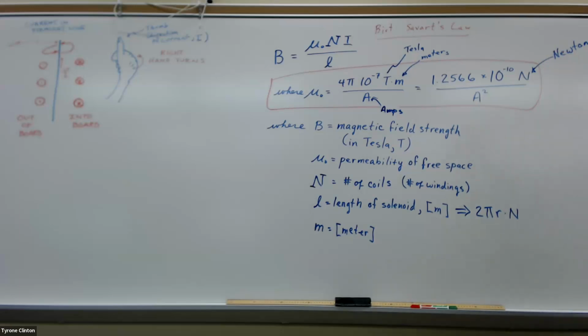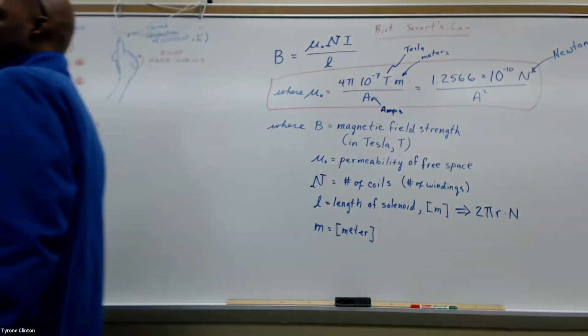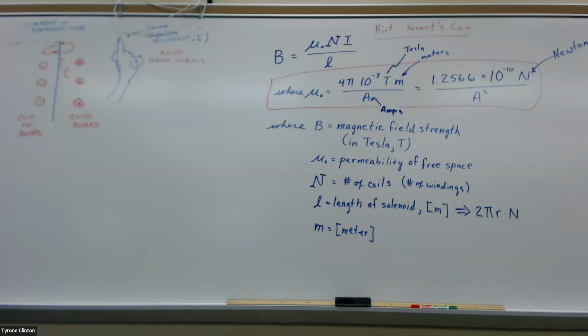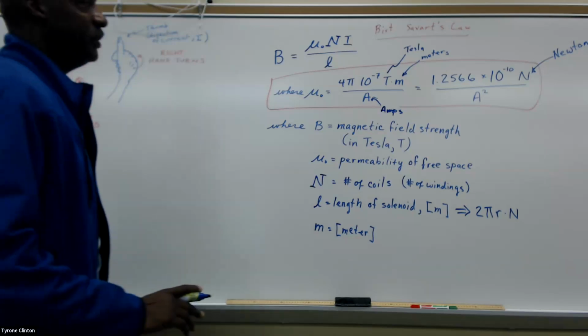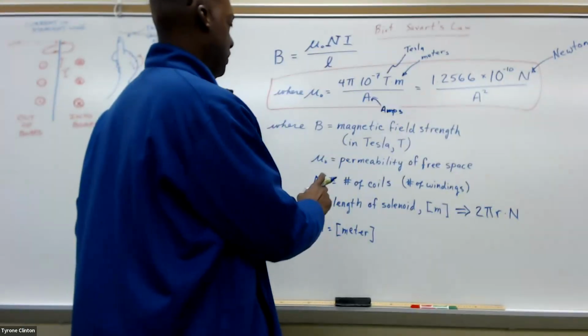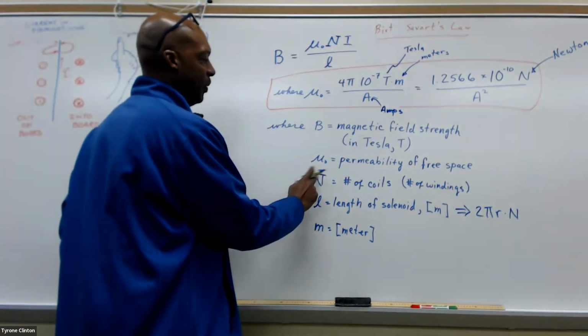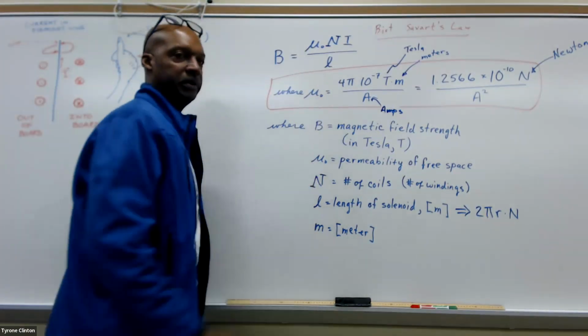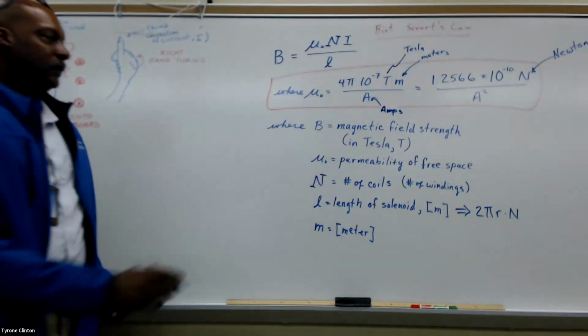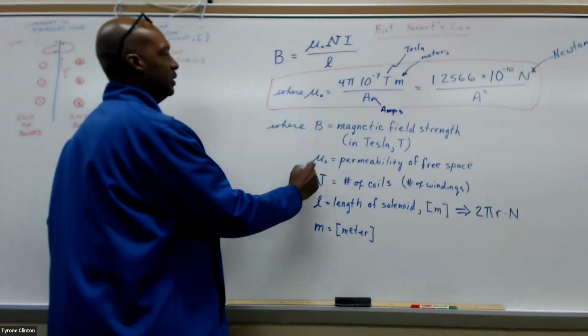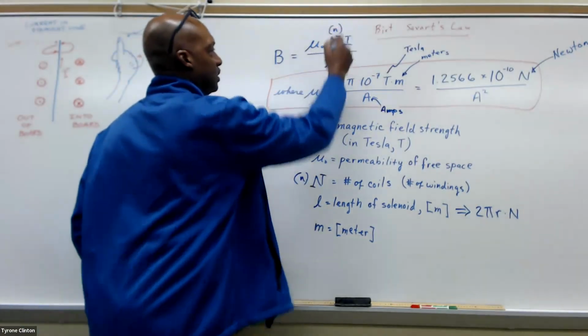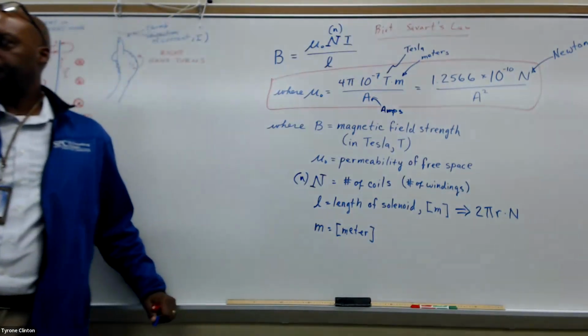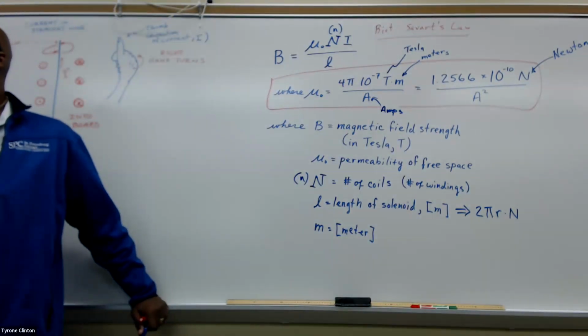Now I just wrote this on the board right before class, and really, what I probably should have done instead of script N, I probably should have written little n. Excuse me, for clarification, if it is amp, shouldn't it be I instead of A for intensity?